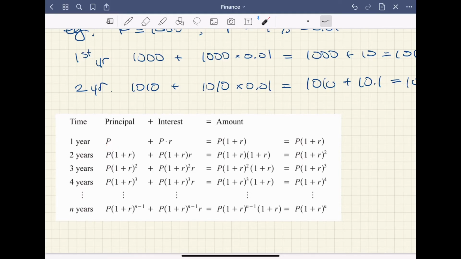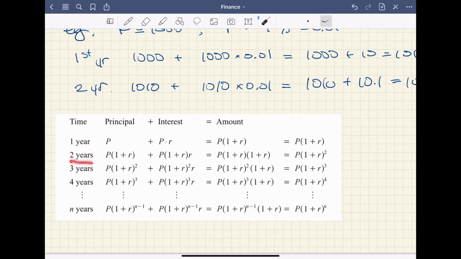Interest is principal times rate times time, which is 1 year, so we ignore the T. So it's P times R. So the amount then, if you take out the common factor P, will become P times 1 plus R. Okay, so that's the amount we're getting for the first year.